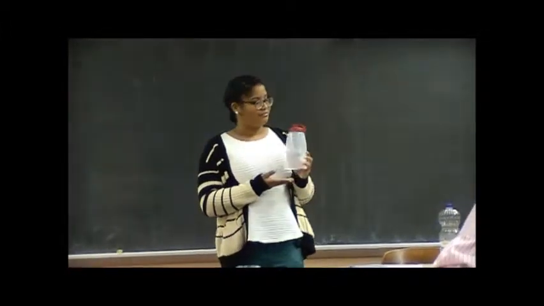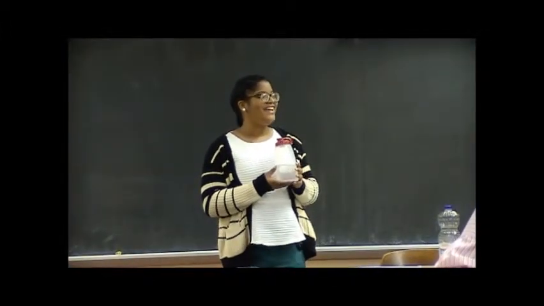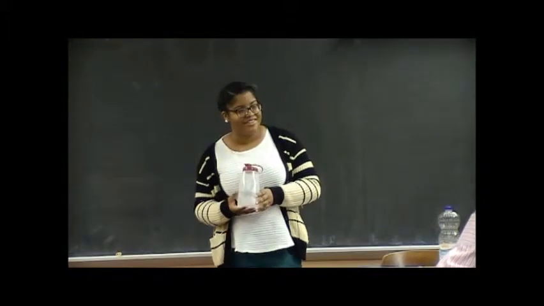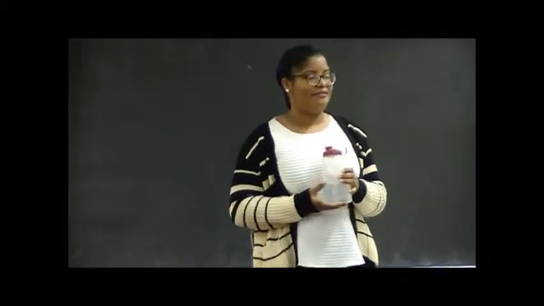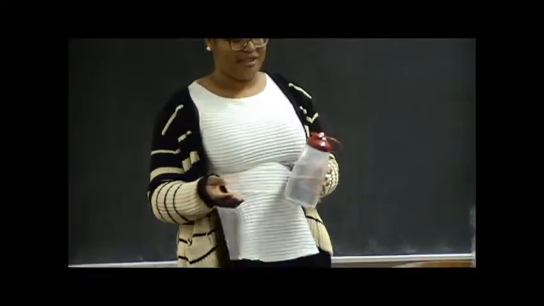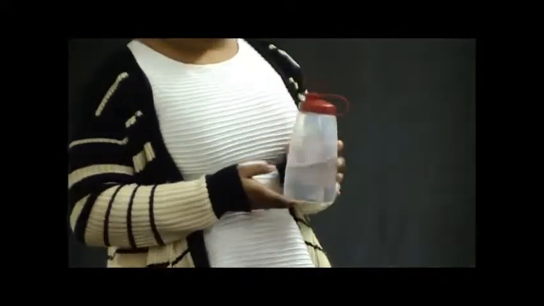So for the motivational activity, this is water. We all know that water makes up the majority of our earth, and it is very vulnerable to all types of environmental changes. For example, oil spills.